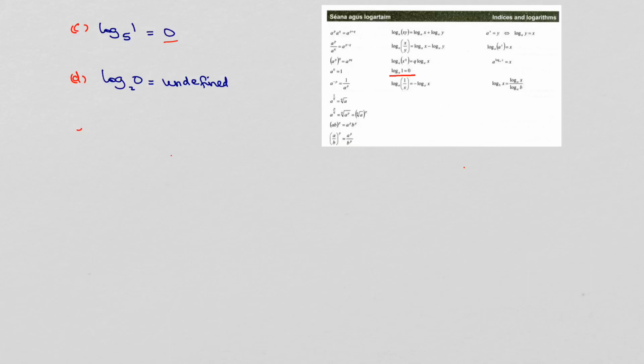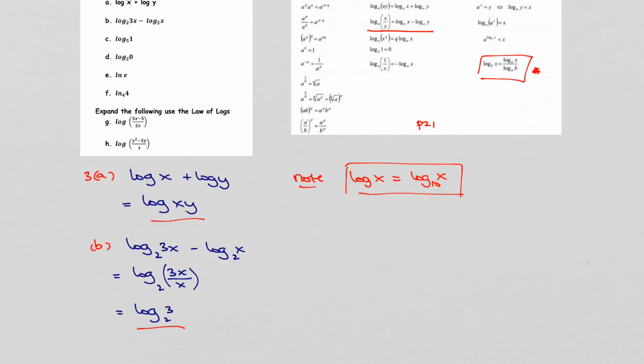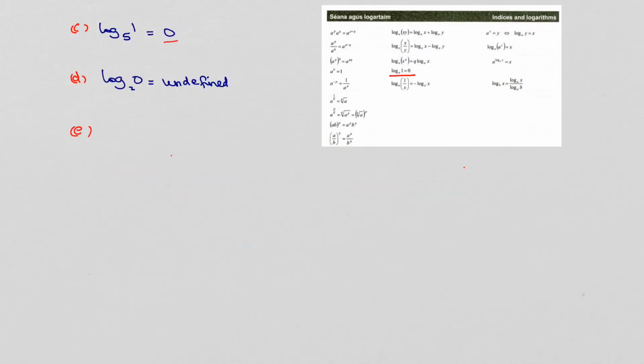So E then, if we go back, is ln e. And again, this is a really important one. ln is the same as saying log to the base e, and log of any number to the same base is going to give us 1. And again, it comes from this rule over here.